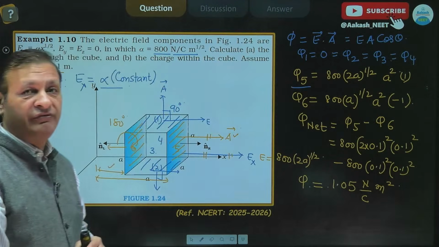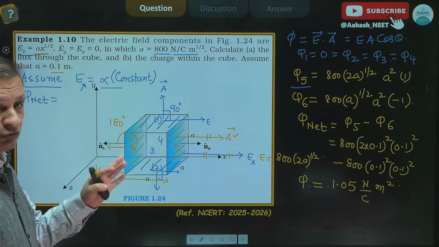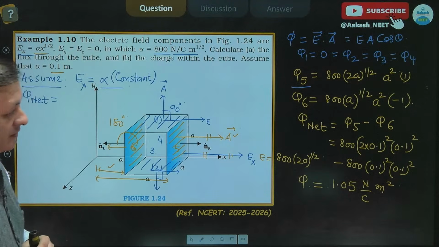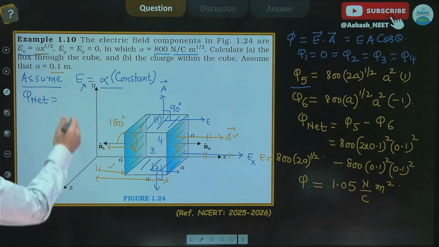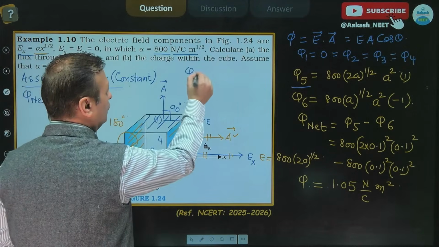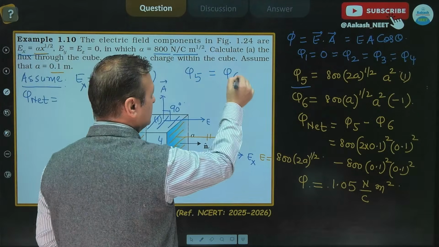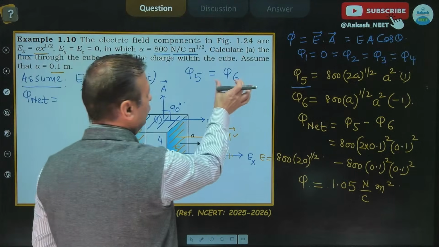But the flux through surface 5 and the flux through surface 6, the electric field being constant, would be numerically the same and opposite.